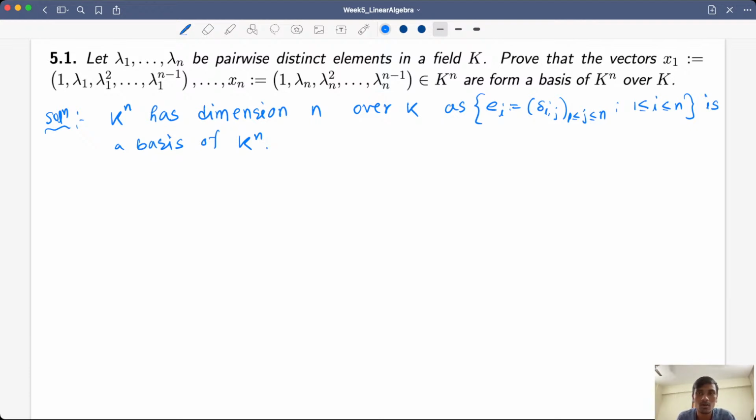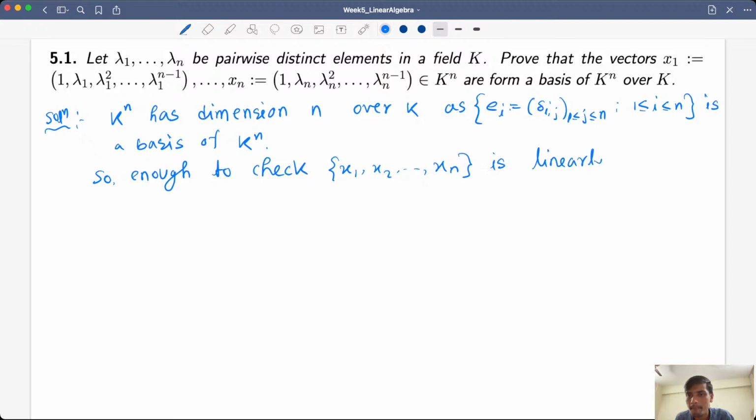In this case I can check only the linear independence, because generating will follow using the dimensionality. So it is enough to check that x1, x2, ..., xn is linearly independent.